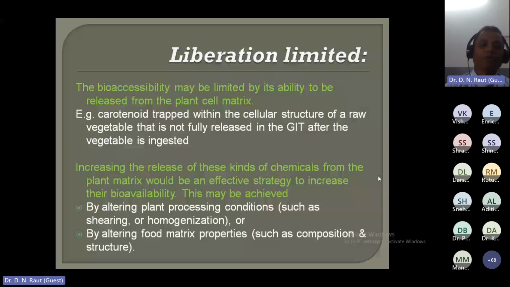This could be achieved by altering the plant processing conditions, like homogenization and shearing. Even when we are eating, if we chew it properly, then we could get rid of this type of problem. Or just by altering the food matrix properties, such as the composition and structure of the matrices.